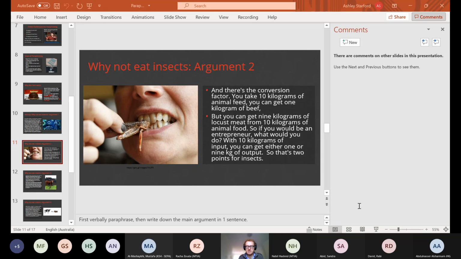So insects use animal feed more efficiently. So with the same amount of animal feed as a cow, for example, they're able to produce more. Okay. Good.